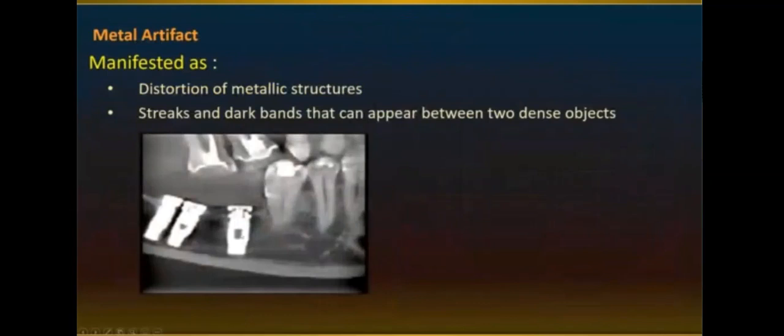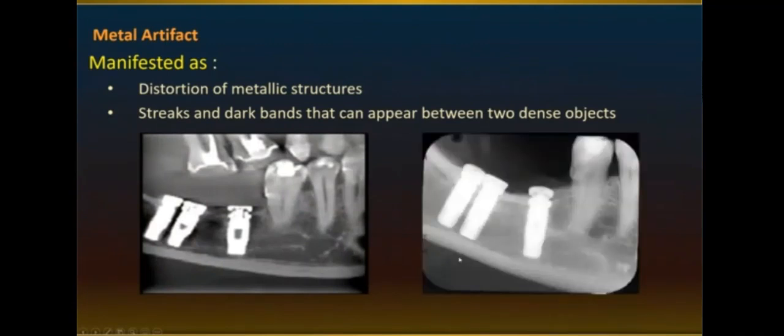So this is a reformatted panoramic cut showing these 3 implants. We can see some radiolucency between these 2 implants together in between. And this radiolucency is called the beam hardening artifact. So when we take a periapical radiograph for this same case, we can see here all the radiolucent areas are seeming to be healthy here.